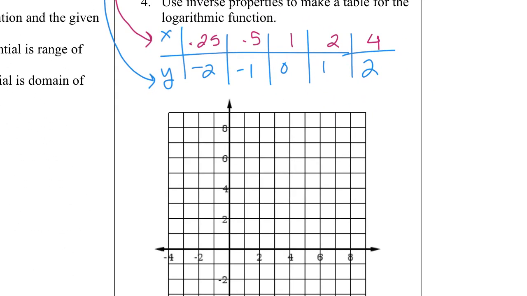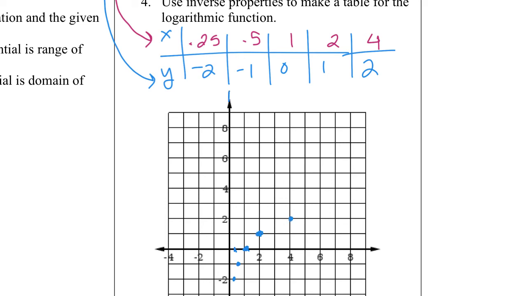So now we can go ahead and start graphing my log. So we have the x value of 0.25, so that's about here, give or take, and it'll be at a -2 on the y value. Then I have half, and that'll be at -1, 0, 1, 2, 1, and 4, 2.